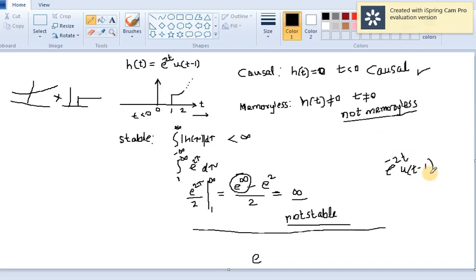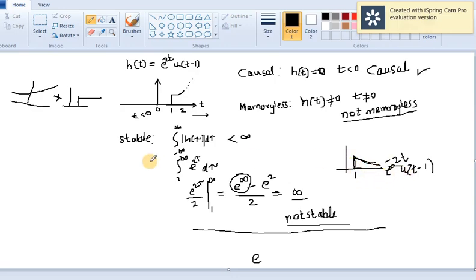From 1 to infinity, instead of an increasing exponential, the signal would be decreasing, a decaying exponential, up till infinity.